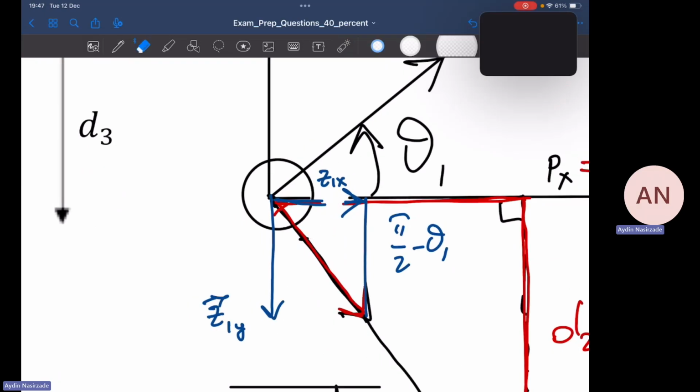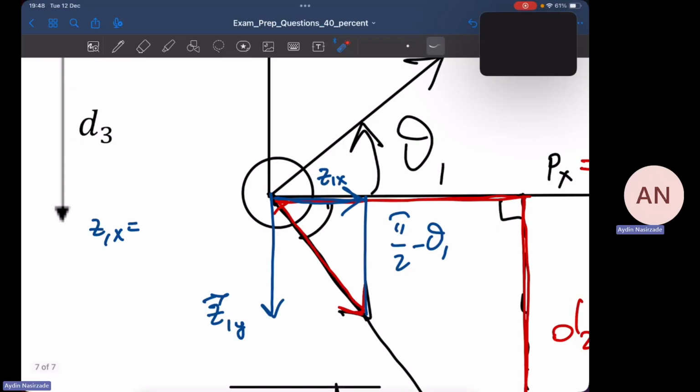This angle is given, which is pi by 2 minus theta 1. So Z1X is going to be the length of this side, which is 1, times cosine of pi by 2 minus theta 1. What is Z1Y?